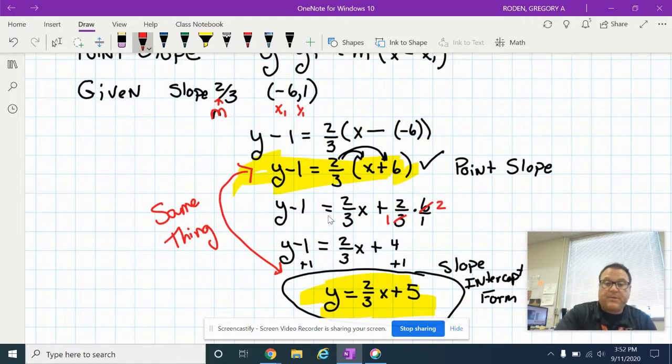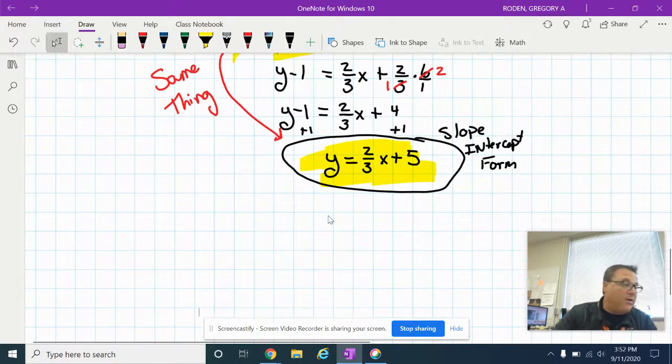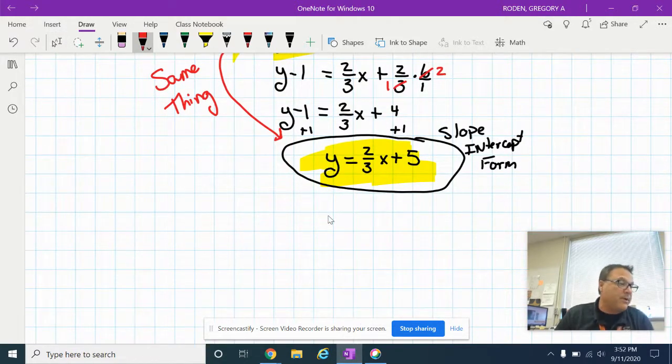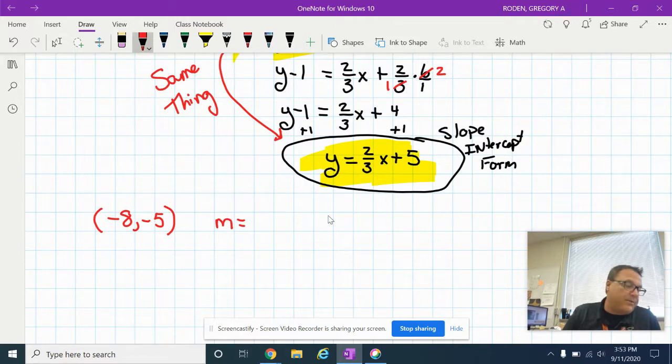Okay, so this next one is all you, ladies and gentlemen. So let's say that I give you a point, and it is -8, -5, and it is m equals -3/4. Okay, and so here's what I want you to do.